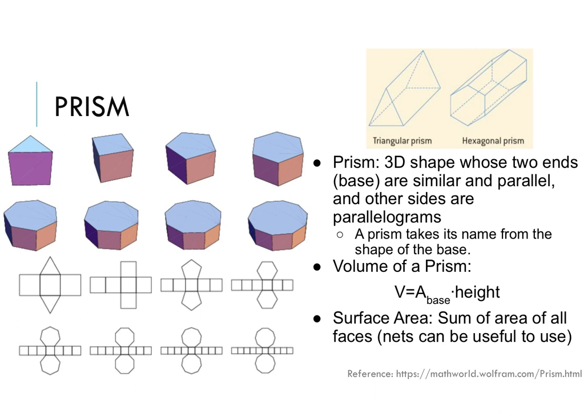So prisms are basically three-dimensional shapes, of course, where you have two bases. So the two ends are identical and they're parallel to each other, and all the other faces are rectangles. So you can see a variety of different prisms on the right top and on the left hand side.